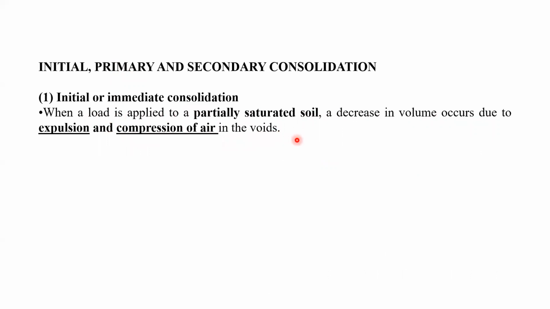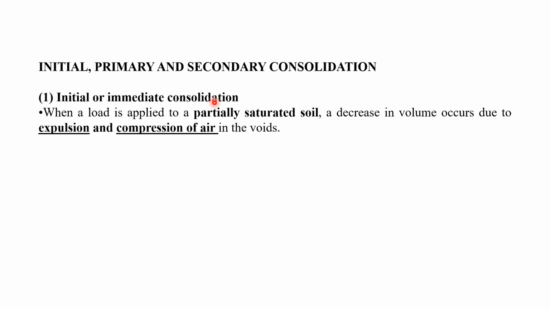Let us take the example of an earthen dam in case of initial or immediate consolidation. Whenever we construct an earth dam, what we used to do, we put the soil on the ground surface, right? We can carry the soil from some other location. We can borrow the soil from the other location by trucks, and we shall keep the soil on the ground surface. So what is going to happen?